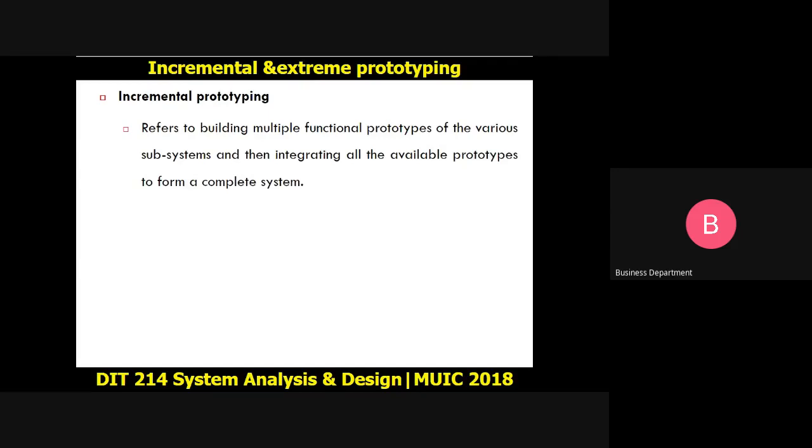You now put these modules together because our assumption is you want to give Marist an enterprise resource planning software, a complete software that will solve issues at finance, at registry, and at the library department. Those different prototypes you have done, you now bring them together and integrate them so that they form a complete system.